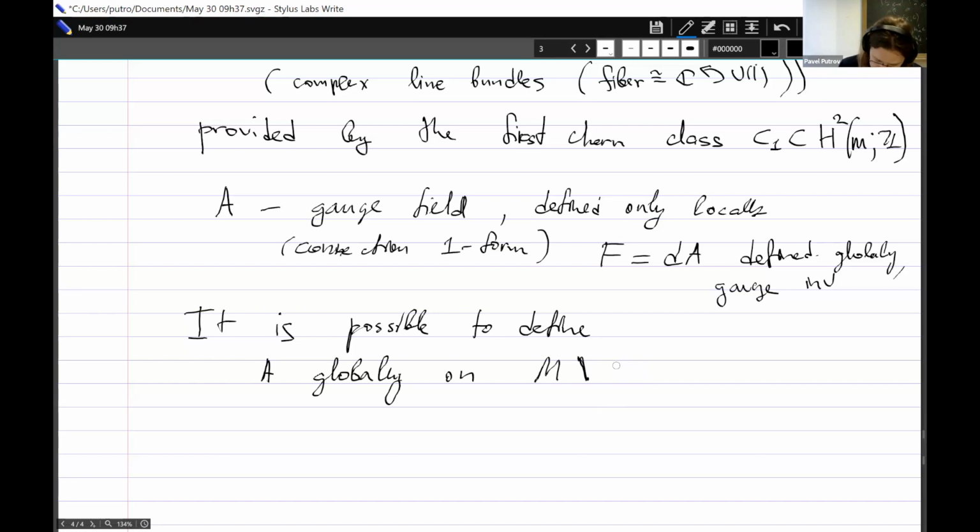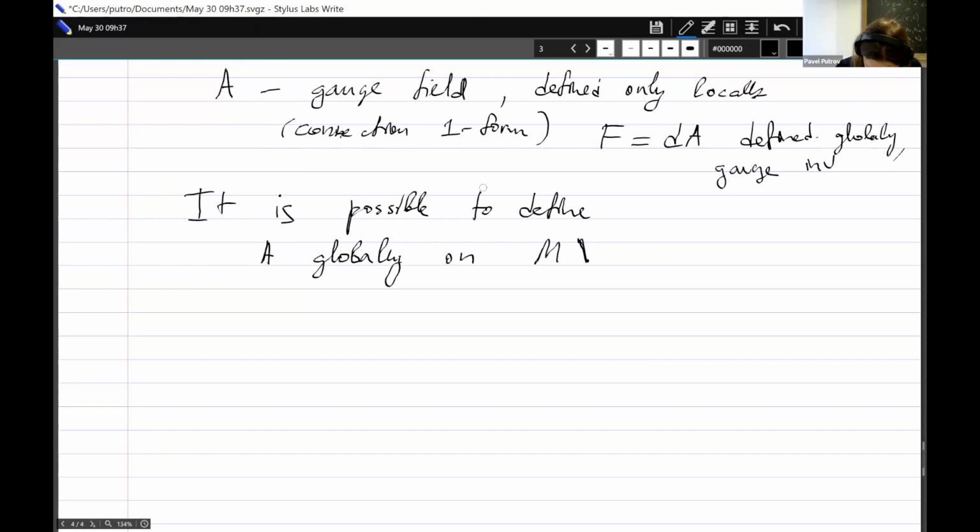Let me write it as the complement of the union of images of alpha_i, such that these alpha_i form a (d-2)-cycle.